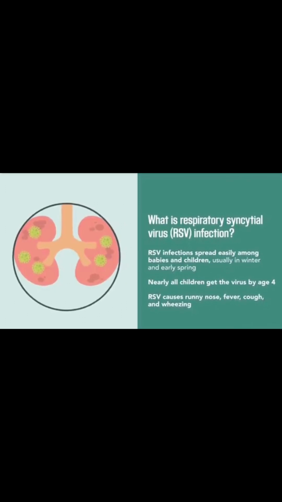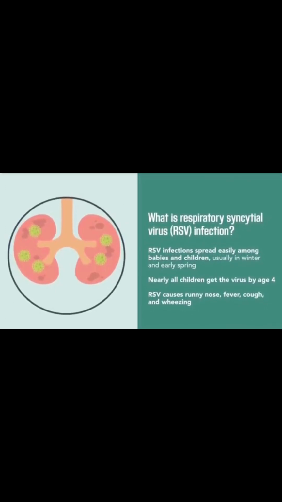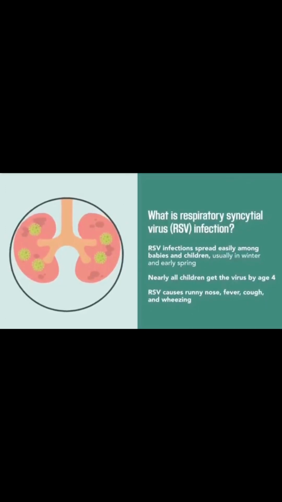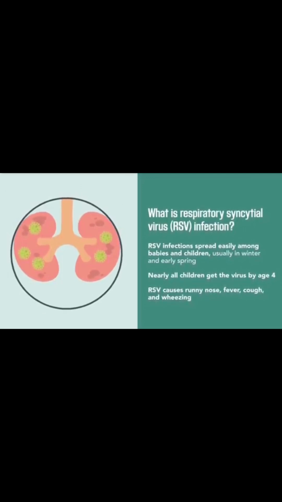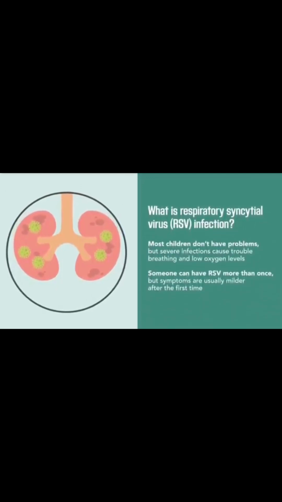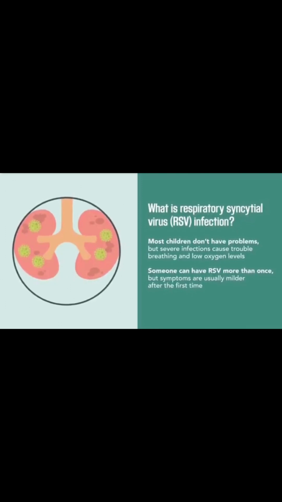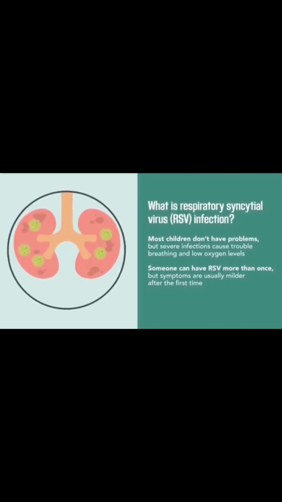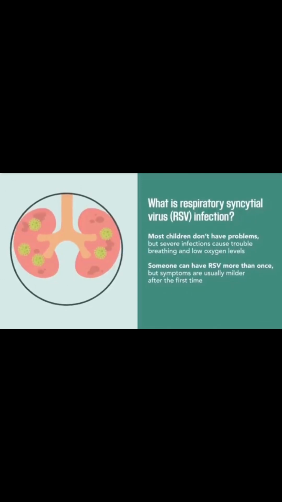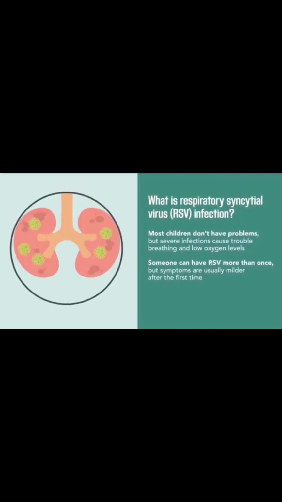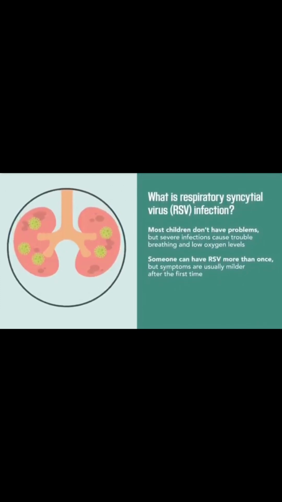Nearly all children get the virus by age 4. RSV causes runny nose, fever, cough, and wheezing. Most children don't have problems, but severe infections cause trouble breathing and low oxygen levels. Someone can have RSV more than once, but symptoms are usually milder after the first time.